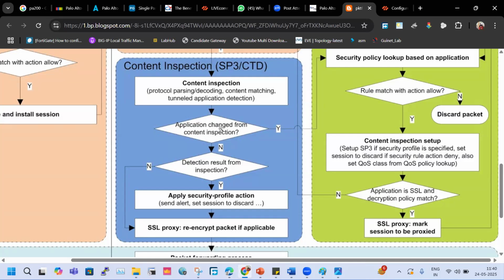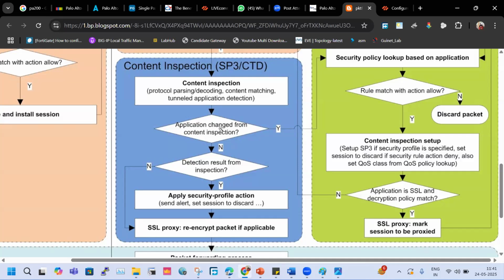If it is not identified, then it will try to find the application based on the signature. Because the administrator may have configured a policy that only Facebook videos will be operational and games will be blocked, it needs to identify the signature. Clear? Now you can ask, what was your query?